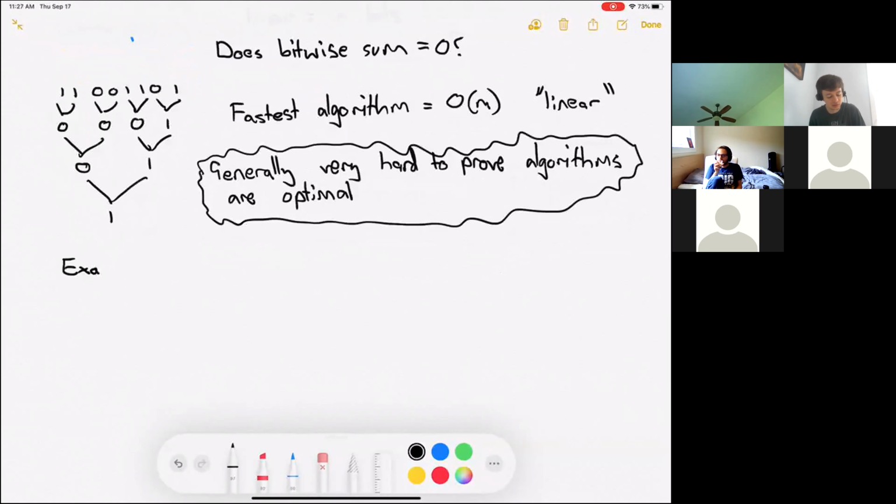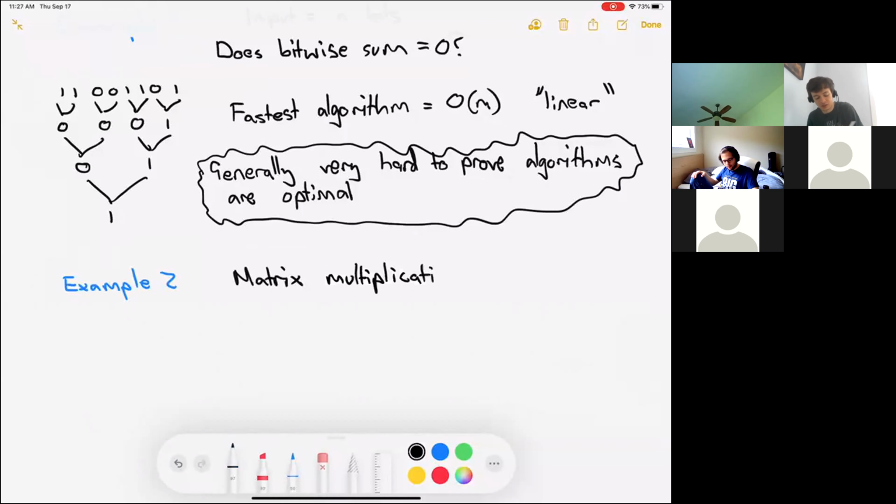Example 2. This is just going to be the task of multiplying two matrices together.